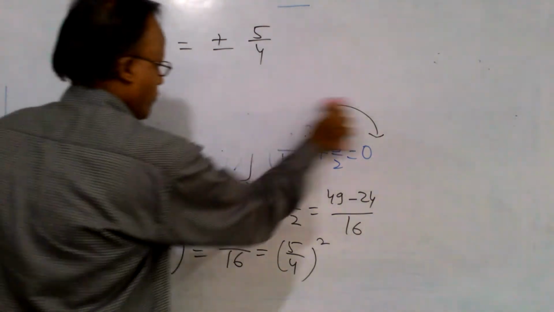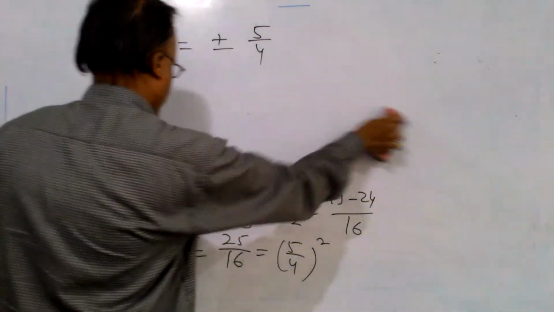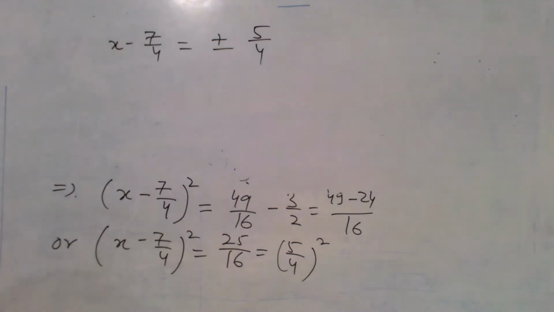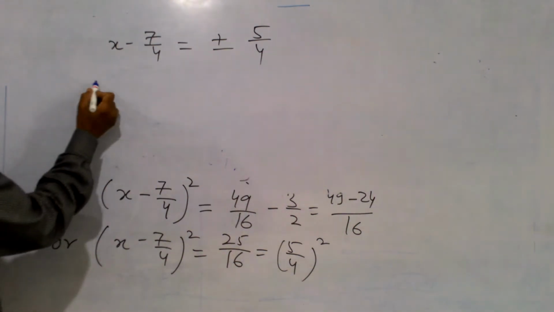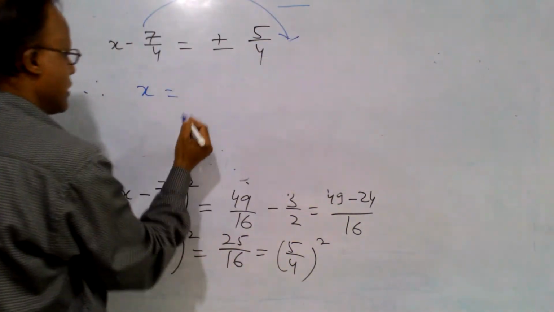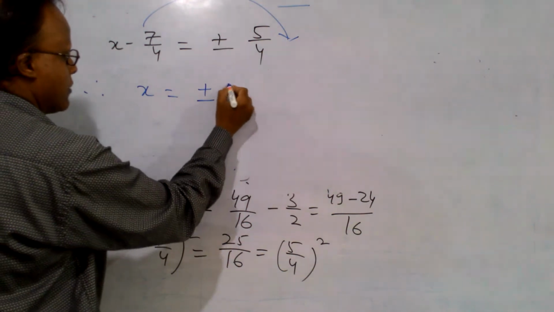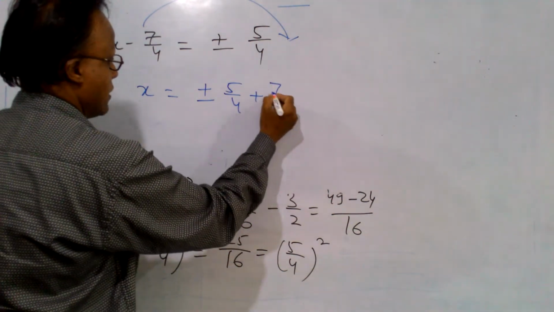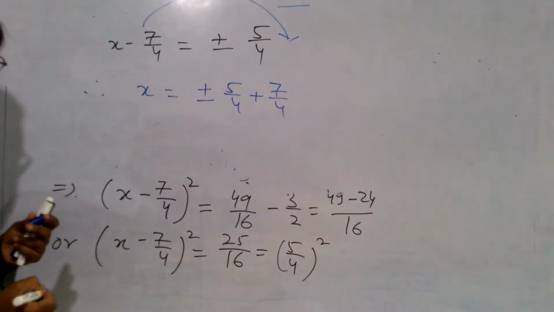Therefore, x is equal to minus 7 by 4, taking this side to this side. So plus minus 5 by 4 plus 7 by 4.